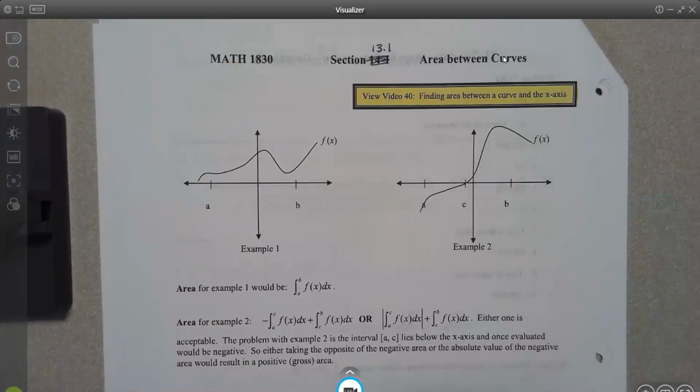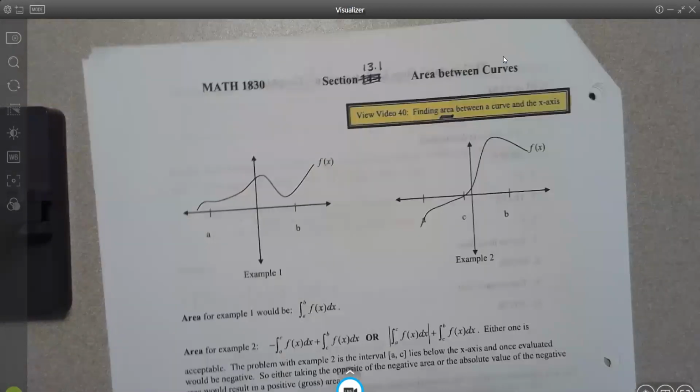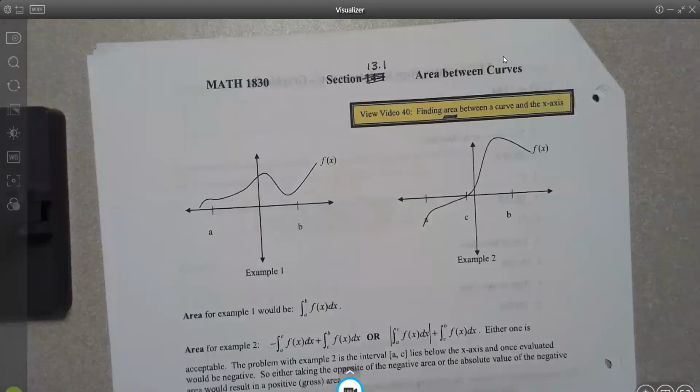But finding area between a curve and the x-axis, technically you have been doing that, but when you see this word area, finding the actual area, it must be positive. You have been evaluating in 12.5, so you could come up with negative values and those type of answers.